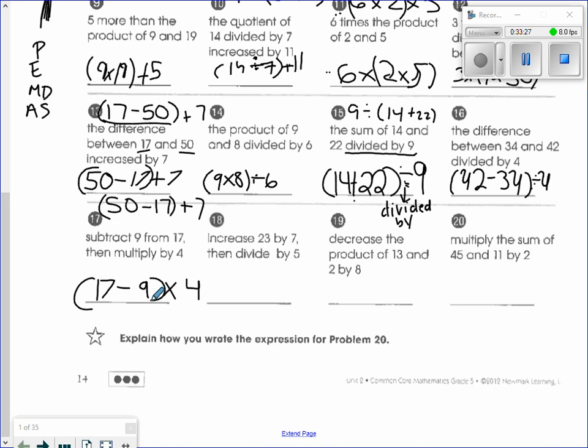Increase 23 by 7 and then divide 5. Oh, yes. Hello. It's fine.